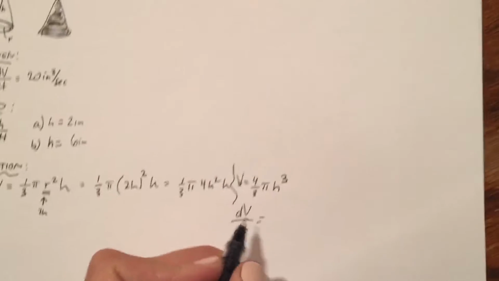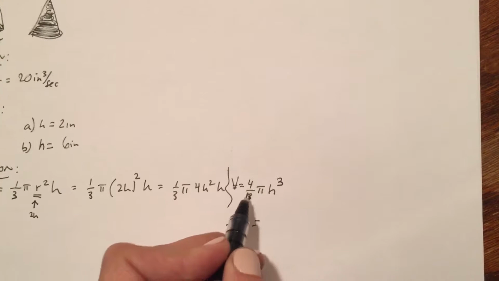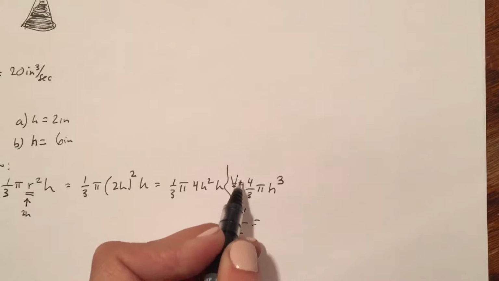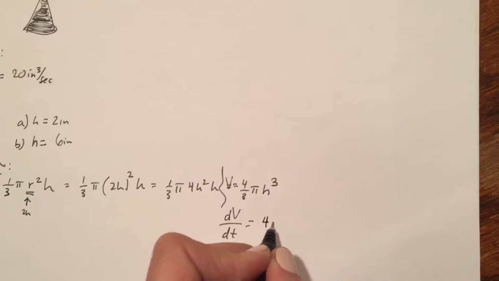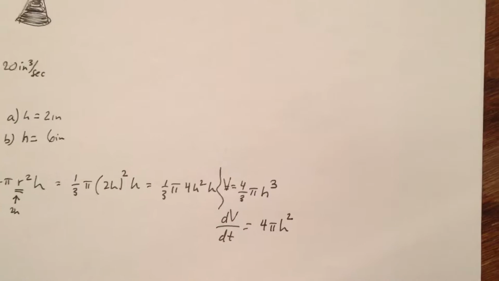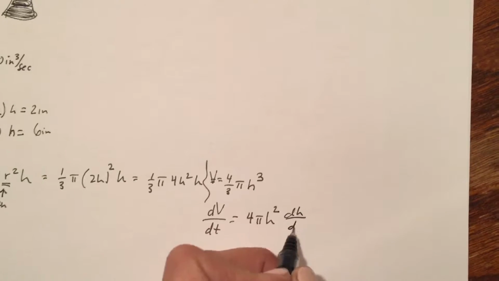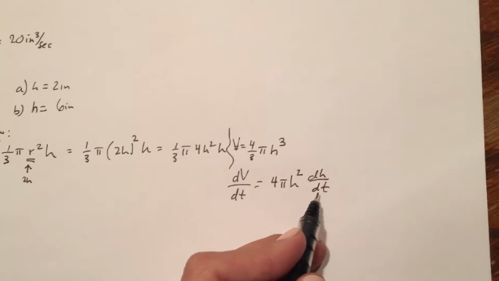The derivative with respect to time uses the power rule. Bring the 3 out to the front, and those 3s cancel. So 4 pi h, now subtract 1, squared. Then with respect to time, dh/dt, and that's good because that's what I'm looking for. From here it becomes a simple plug and chug problem.